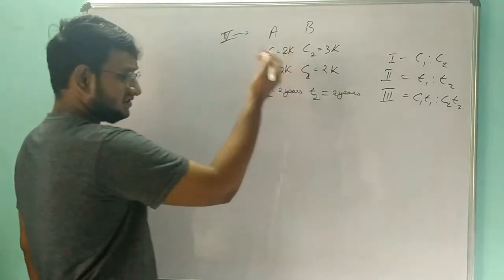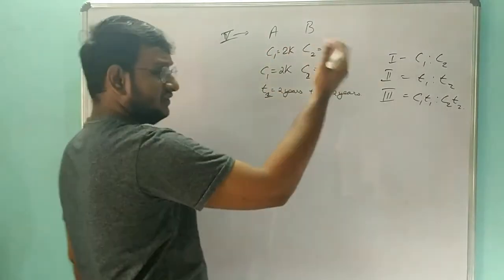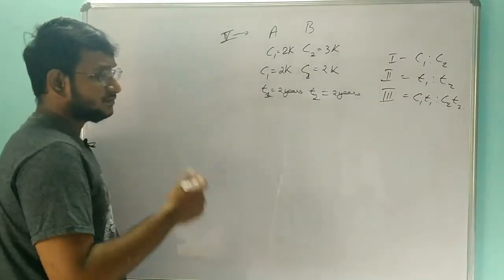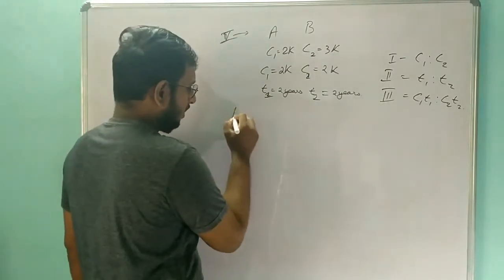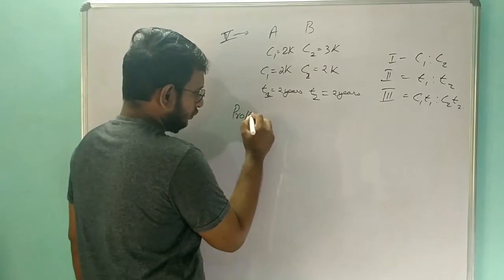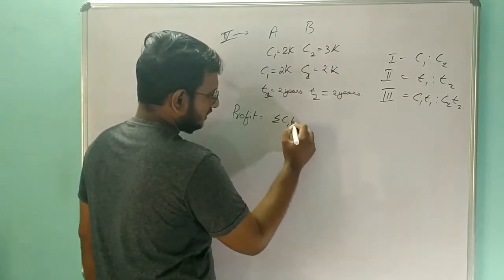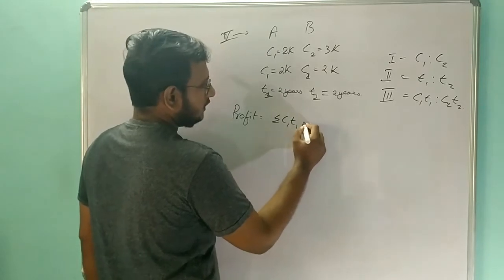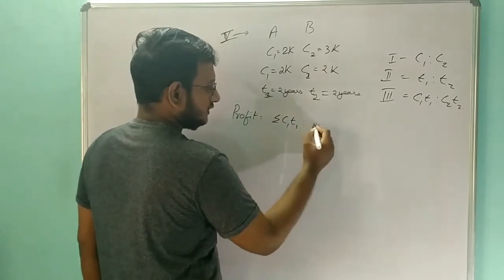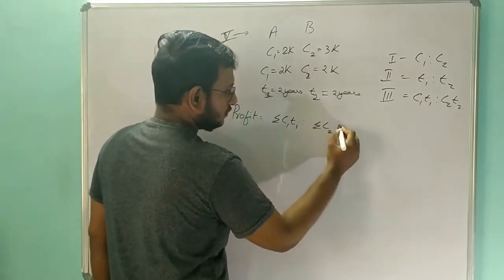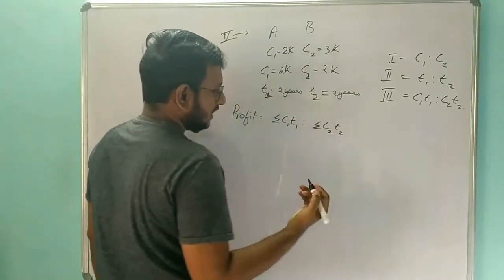That is 2k first, again 2k, here 3k, then 2k. In this case we need to use the formula: profit ratio is equal to summation of C1 into T1 is to summation of C2 into T2.